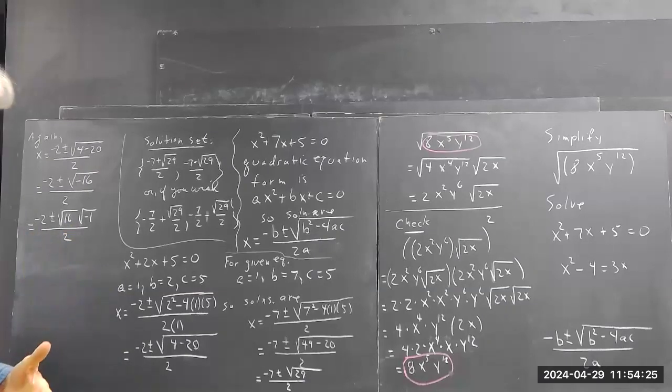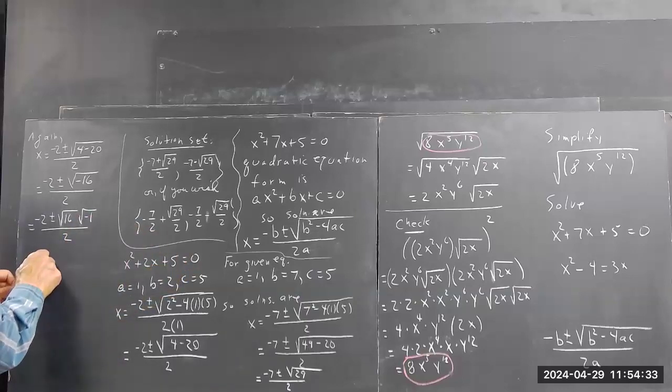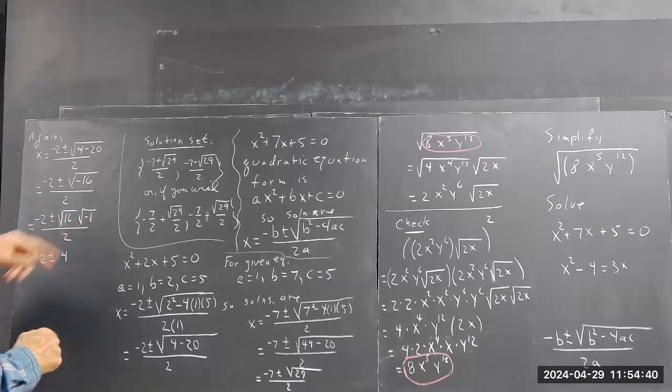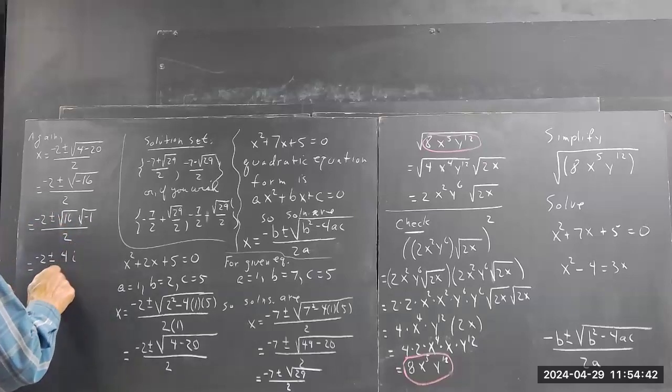You might need to review that if you don't remember it, but I believe it's reviewed in the section we just did, so it should be easily accessible to you. The square root of 16 is 4, and the square root of negative 1 is i.